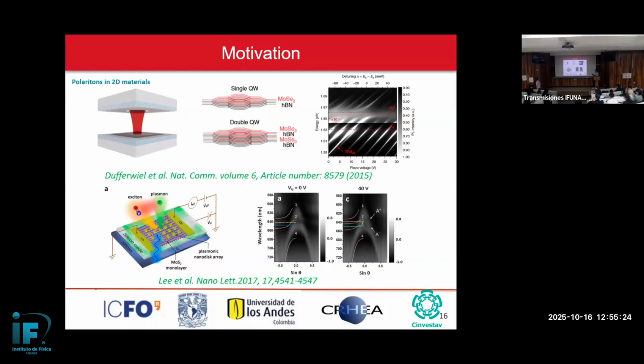The coupling could be weak or strong. It depends. At room temperature, the coupling is weak, so it's more like a screening from the plasmon towards the exciton. At low temperatures, apparently they create a splitting on the exciton bands. Okay. But do you always need a heterostructure?